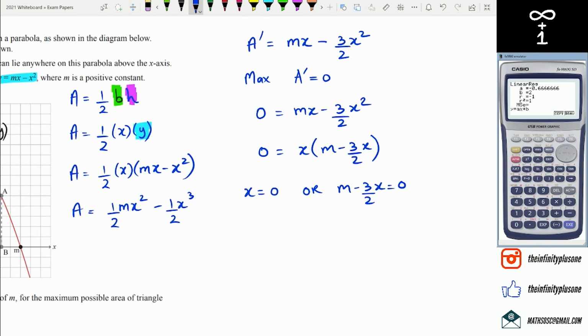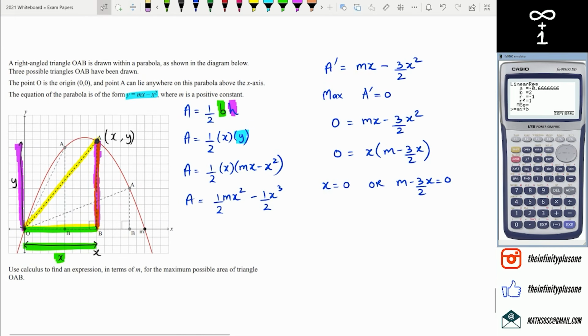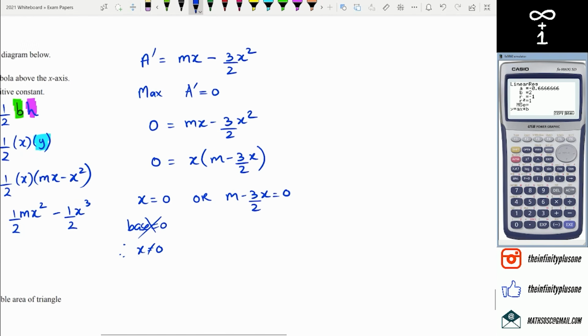All right. Now think about this. x can't be 0. You can't have a base of 0. So you straight away say base equals 0 is not possible. Therefore, x is not 0. So we're going to ignore x equals 0 and just focus on the other one.